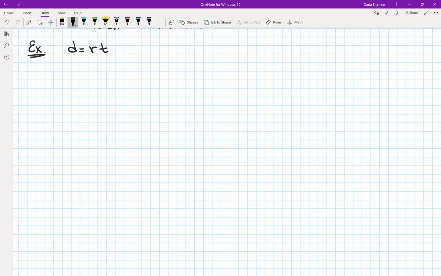So let's say that I can measure distance, and I can also measure time, and I need to calculate the rate. Well, you probably did a problem like this somewhere in 2nd or 3rd grade. So I'm not worried about you being able to measure distance or time, or perform the calculation.